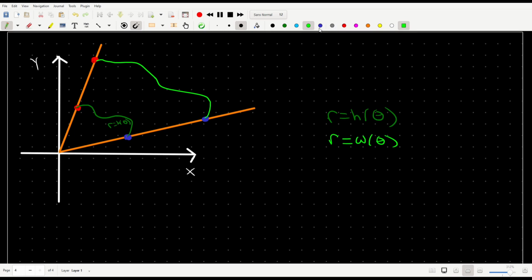And we'll say this is the angle theta A, and this is the angle theta B. How would we find the area in between these two polar curves?